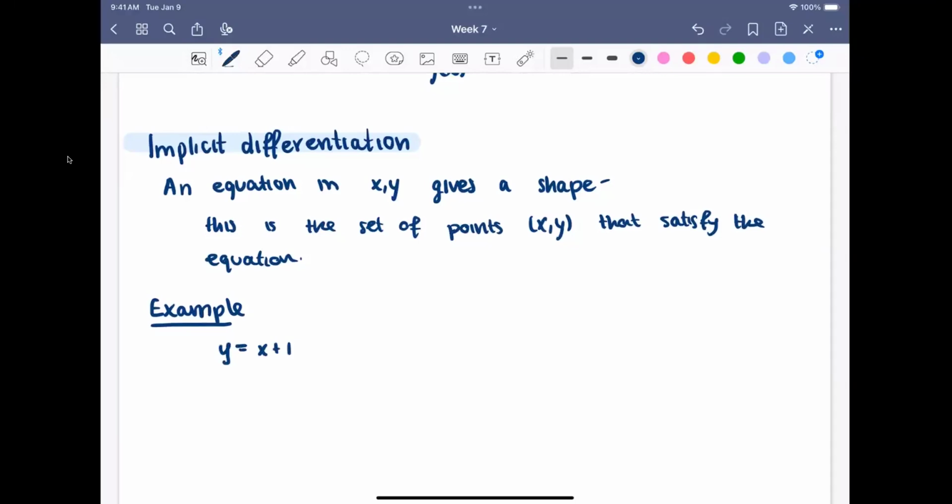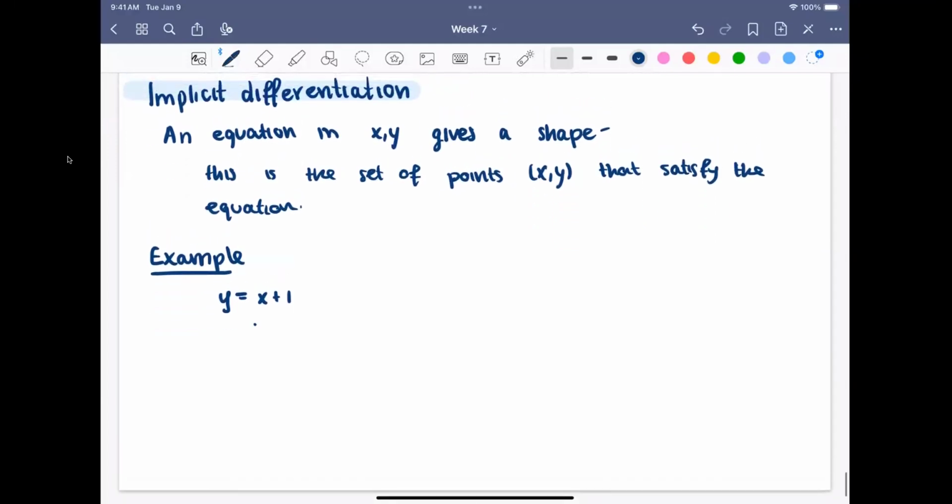Well, in this case, it's pretty easy to figure out because if I just plug in an x value, then I get a y value. So if I wanted to draw this, we know that this is just going to be the line going through 0, 1, with slope 1. Another familiar example might be the parabola. So y equals x squared. Get something like this.